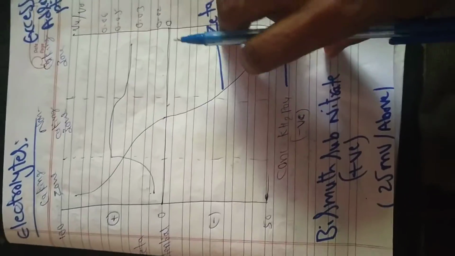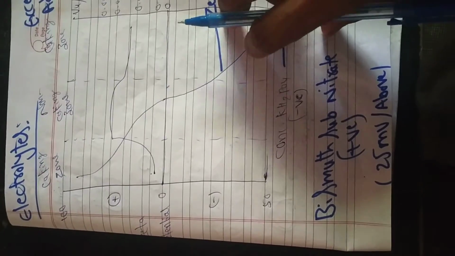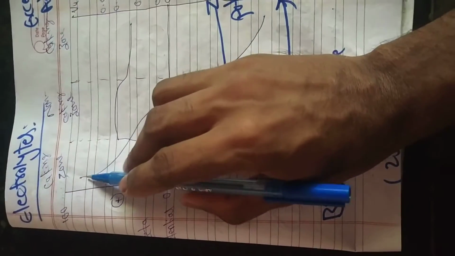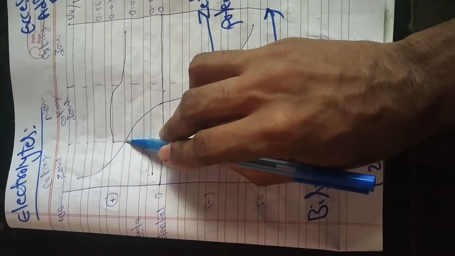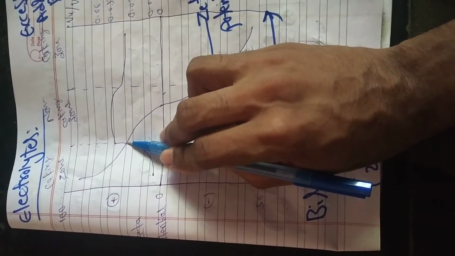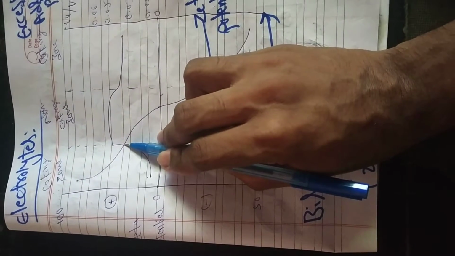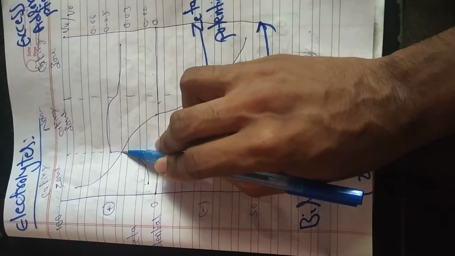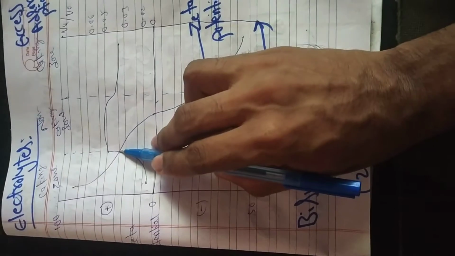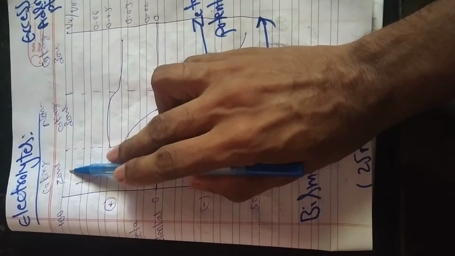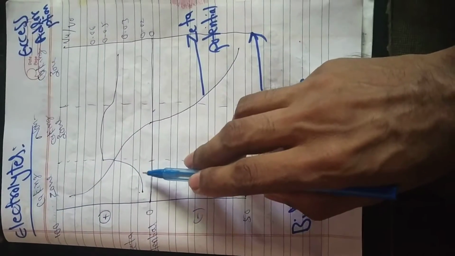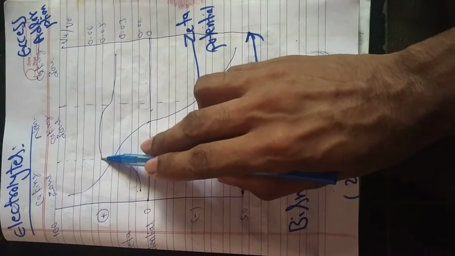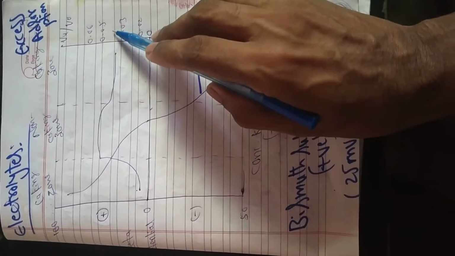When a small amount of electrolyte is added to the bismuth subnitrate suspension, its zeta potential slowly decreases because the repulsive and attractive forces change. It undergoes a caking zone due to having low sedimentation volume.